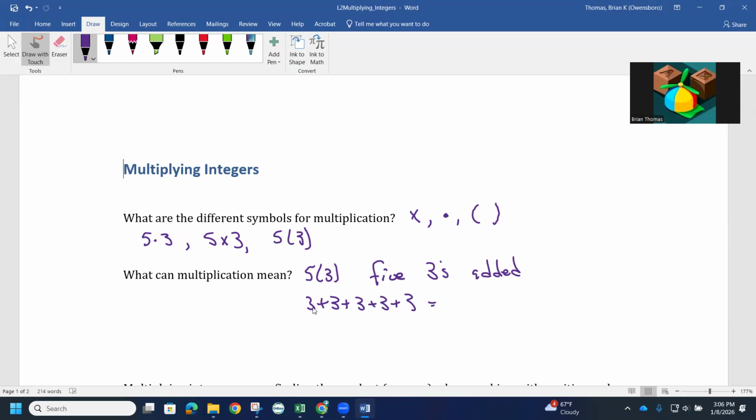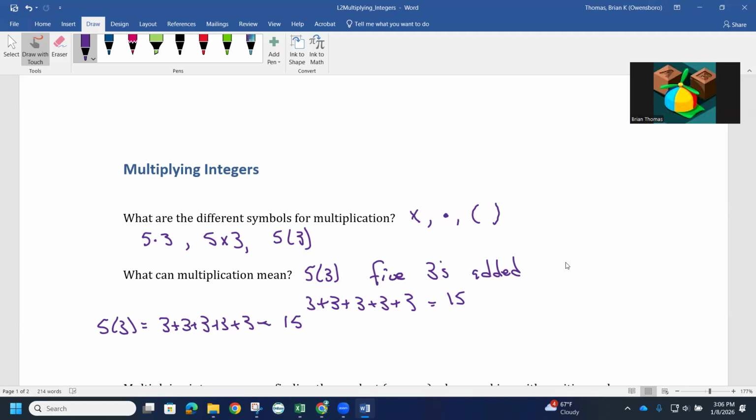So if we add those together, 3, 6, 9, 12, 15. So what we're picking up on is 5 times 3 is the same thing as 3 plus 3 plus 3 plus 3 plus 3, which results in a 15. Most of us just skip the middle step and just know as a math fact, 5 times 3 is 15.